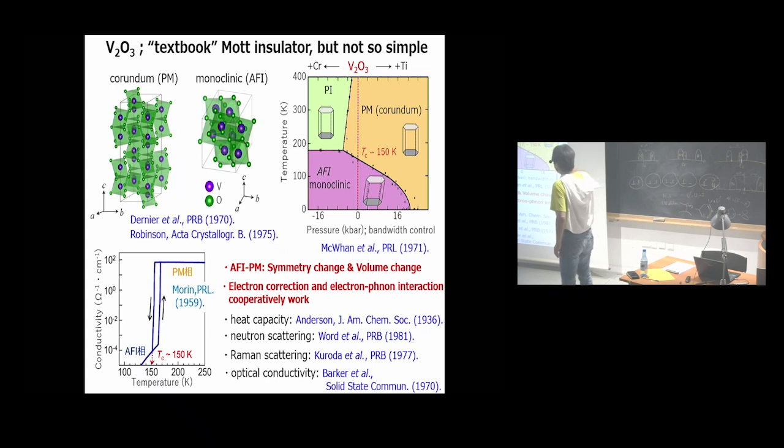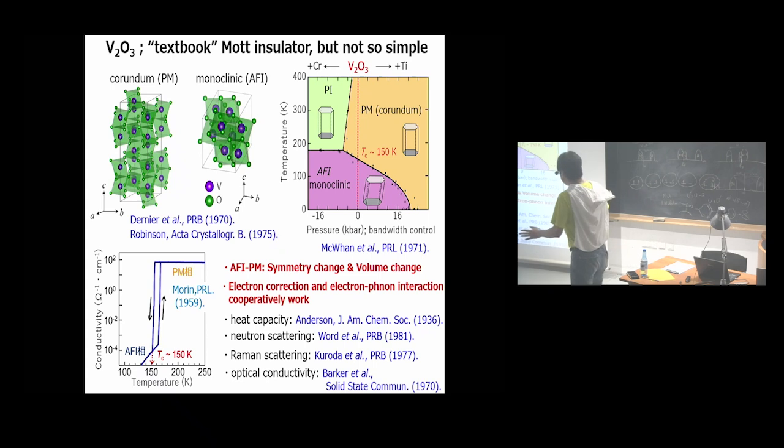The phase transition around 150 K is an insulator to metal transition with a symmetry change from monoclinic to corundum. Here, in the AFI phase, this kind of shear distortion occurs to stabilize the antiferromagnetic electronic state. The structural change involves both the symmetry change and the volume change.